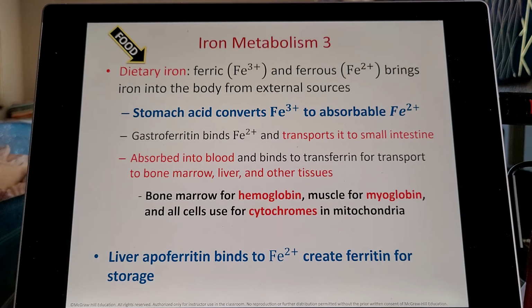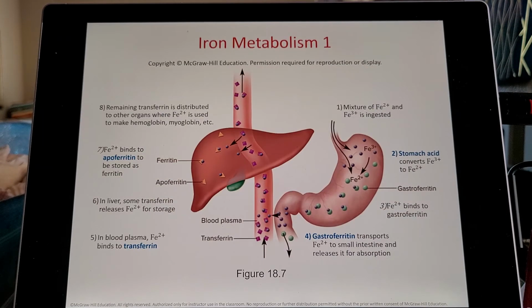Hemoglobin, iron. In order for our body to bind oxygen to hemoglobin, we have to have the iron prosthetic group on hemoglobin. So we have to have iron in our body. How do we get it? Of course, through our diet.